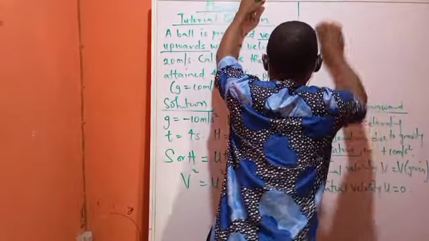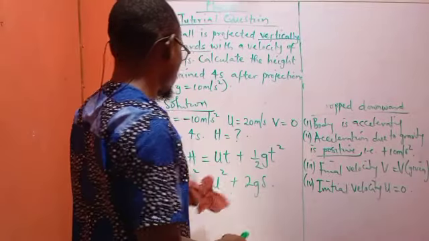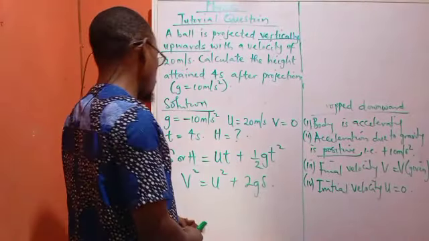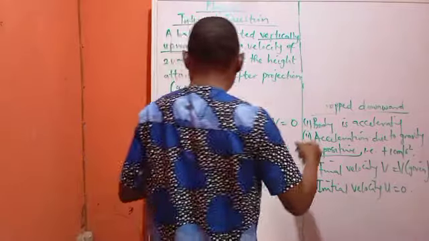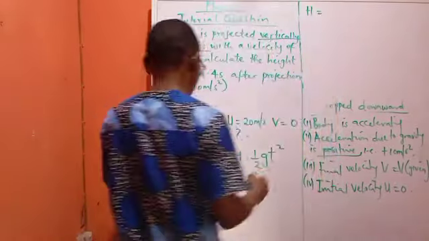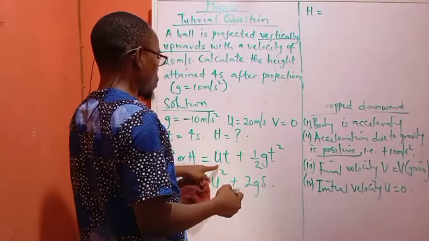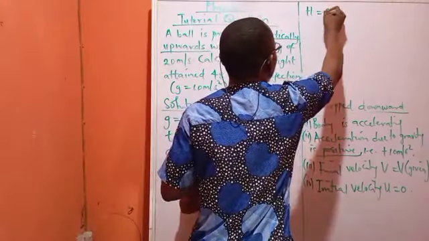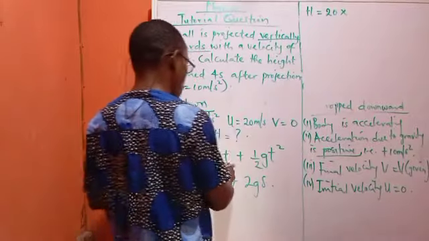Okay, so from here, we can use any of these. Let me go with this. So our s or our h equals ut. Our u is 20, so we are saying 20 times our time.